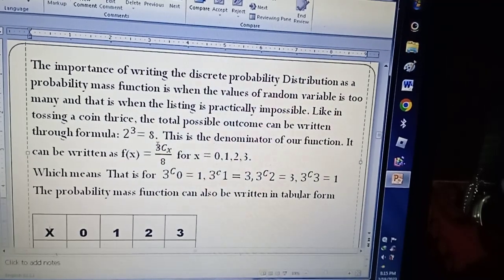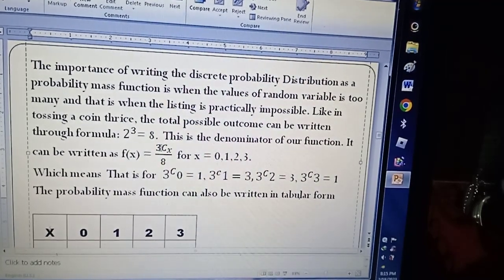This 3 represents the number of times the coin is tossed. This C is the coin, and x is the number of heads that comes out, no? If the head is accounted in the experiment. So that becomes our value of x, which is for x equals 0, 1, 2, 3.